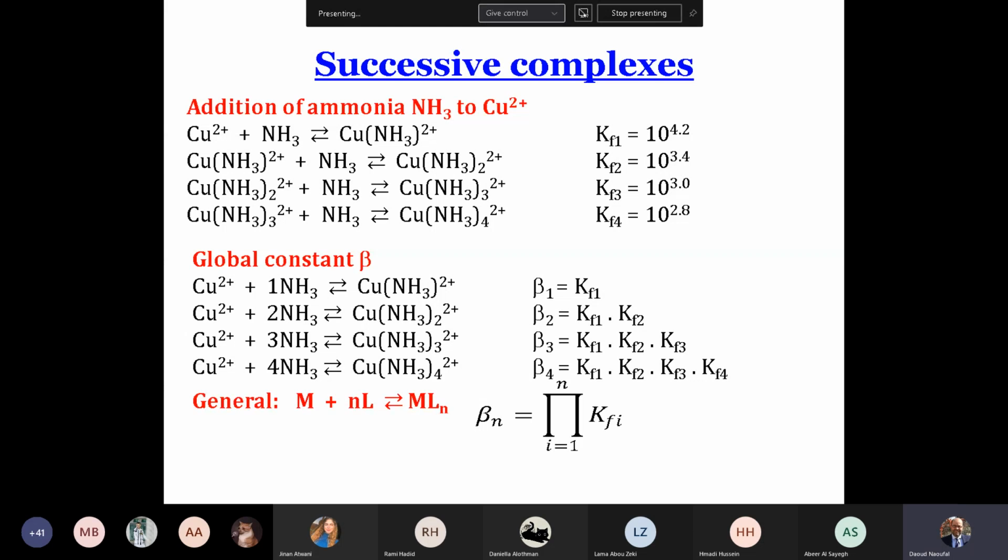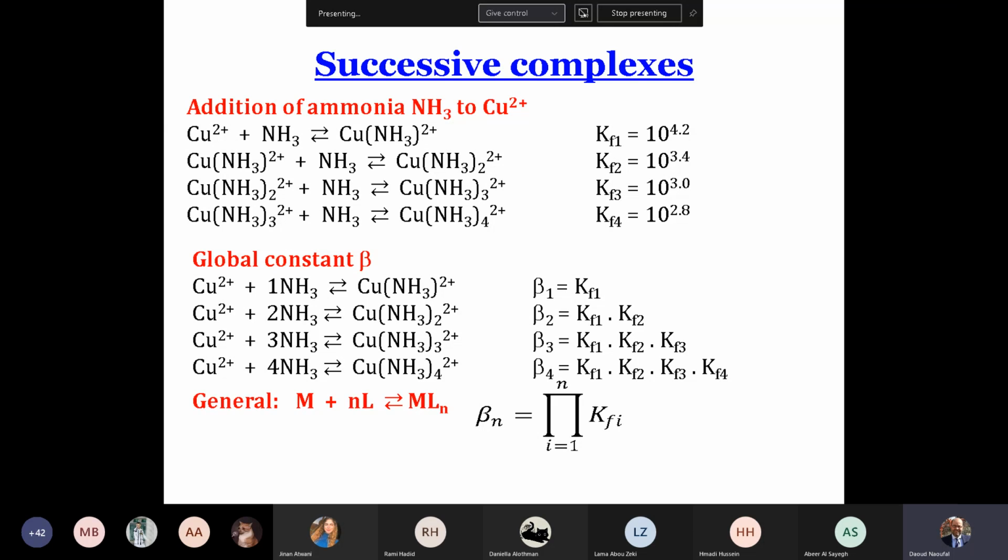For some metallic ions, when we add a ligand L, we obtain one type of complex. And for other ions, if you add a ligand, you obtain several complexes. This is also the case of Cu2 plus.